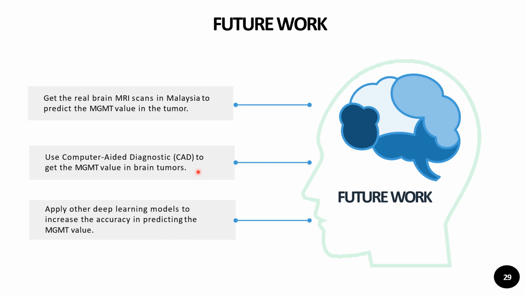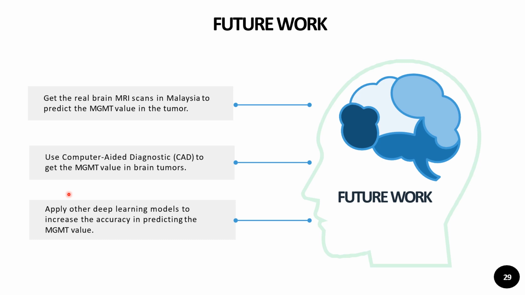For future work, we plan to get real brain MRI scans in Malaysia to predict the MGMT value in the tumor. The current project uses the data set from the BRATS, the British brain imaging data set. We want to implement this in Malaysia with a Malaysian database.